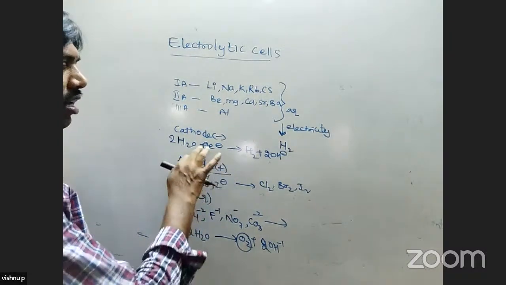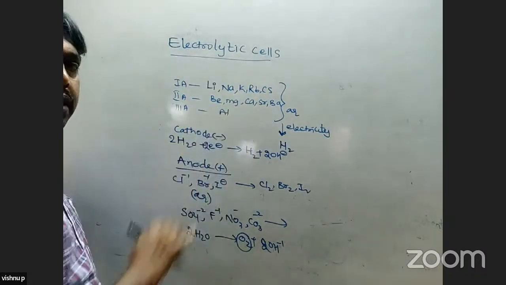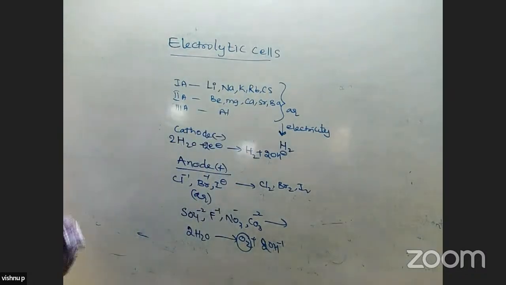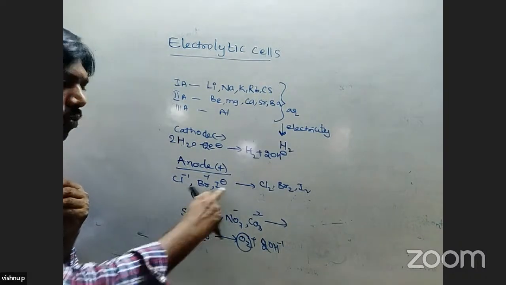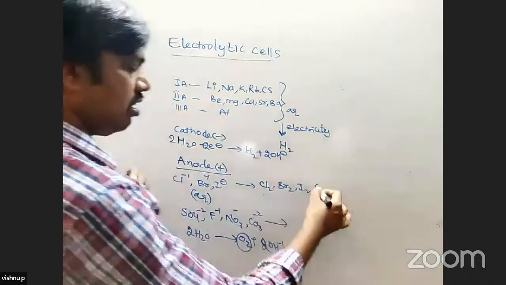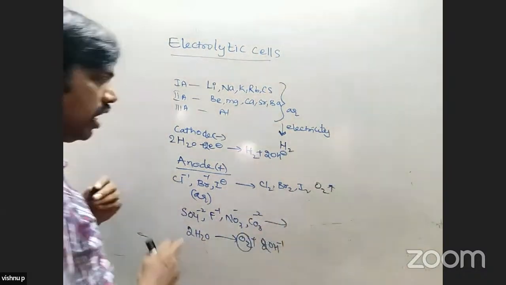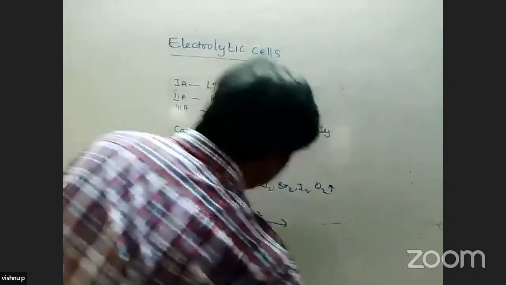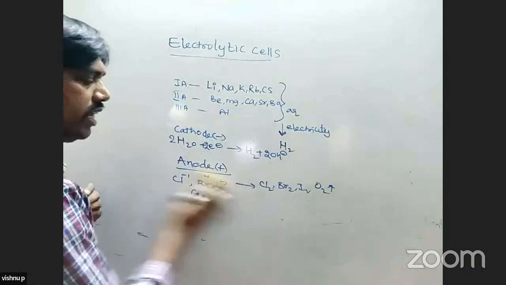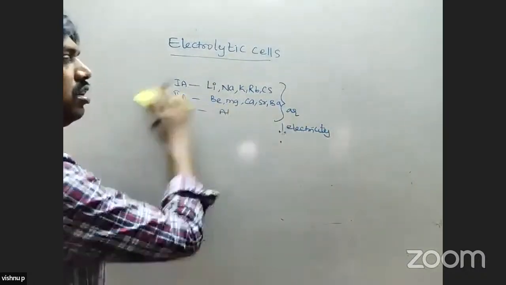So always at the cathode, these more active metals are present, and hydrogen is evolved at the cathode. When chlorine or bromine is present, they are evolved; and when sulfate, chloride, nitrate, or carbonate are present, then oxygen is evolved at the anode.